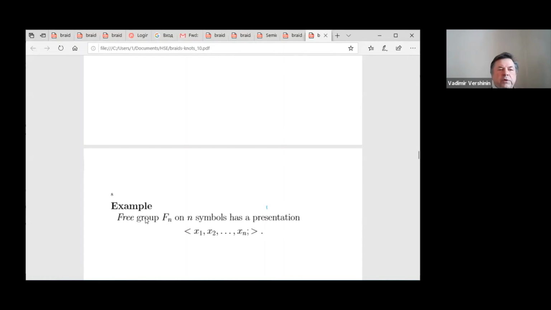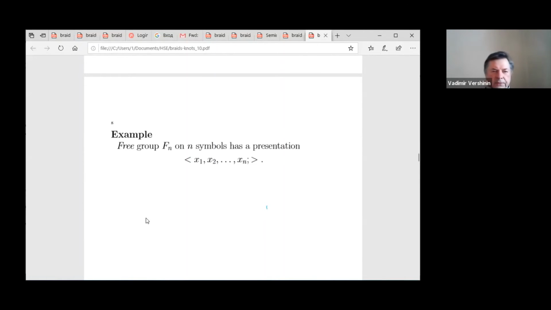Yes, so we return to our favorite free group. What does it mean, free group? You have n, we are interested in a finite number. You take a finite number of generators, and that's all.